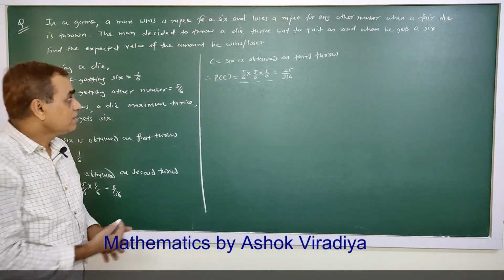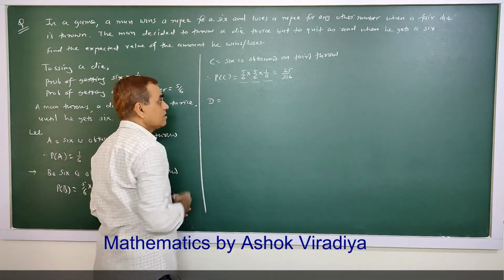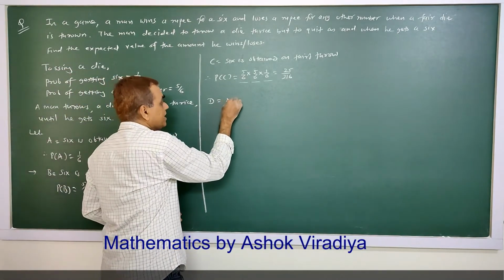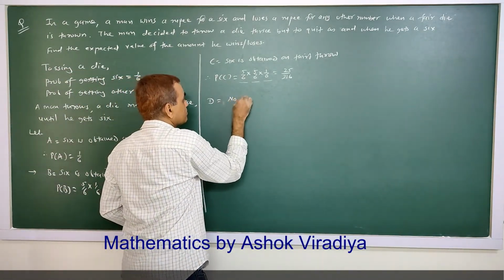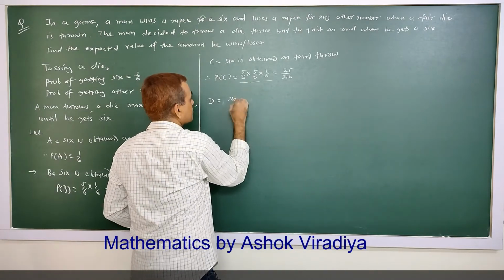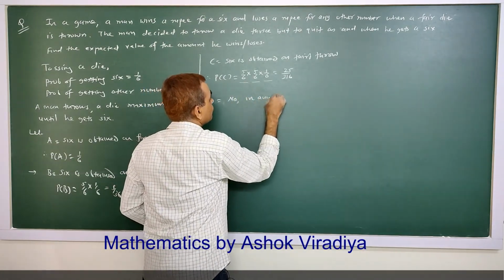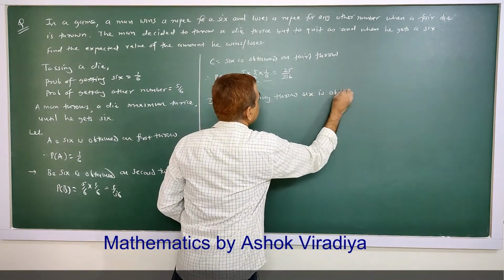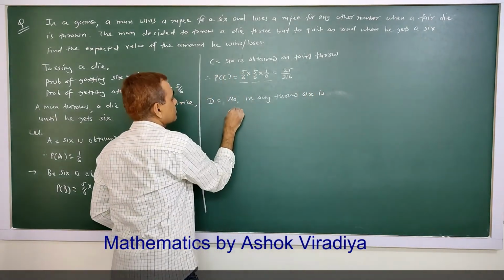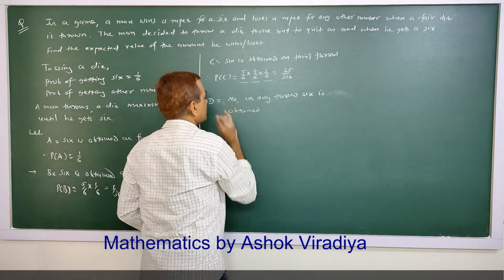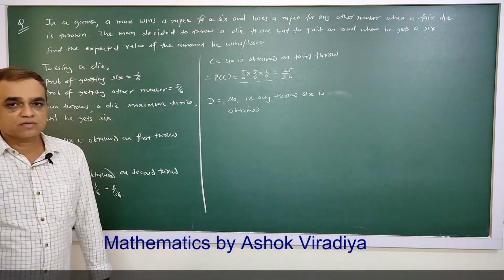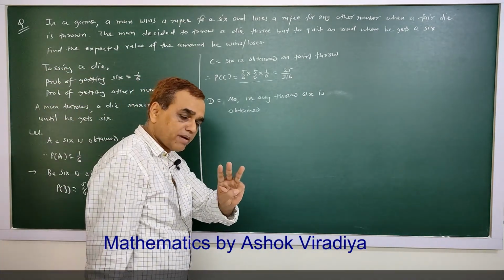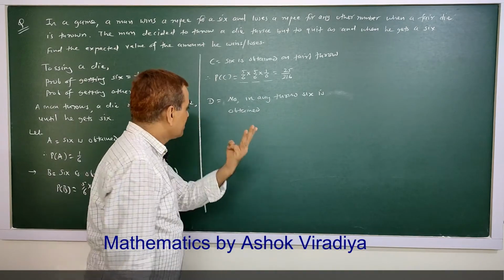Suppose one more possibility. In no throw 6 is obtained. That means in no throw of the 3 throws, man is throwing thrice, 6 is obtained.